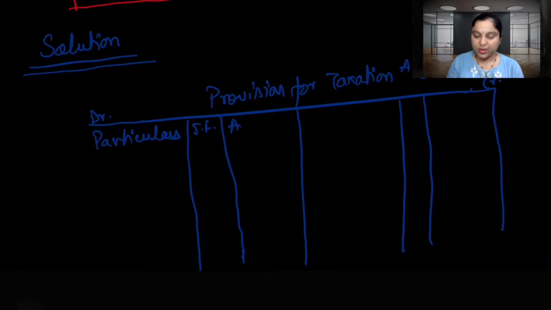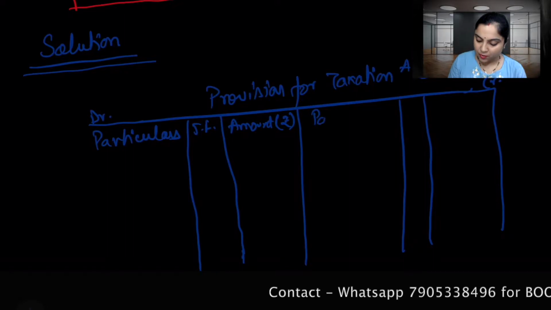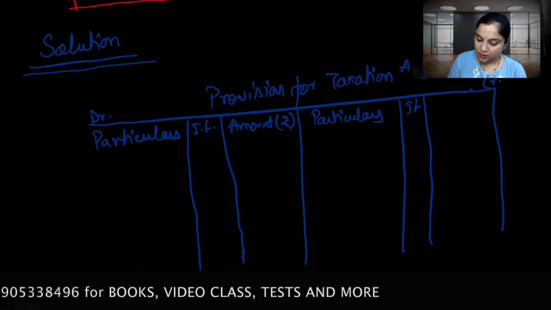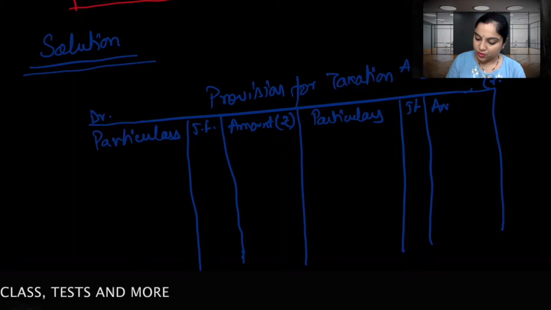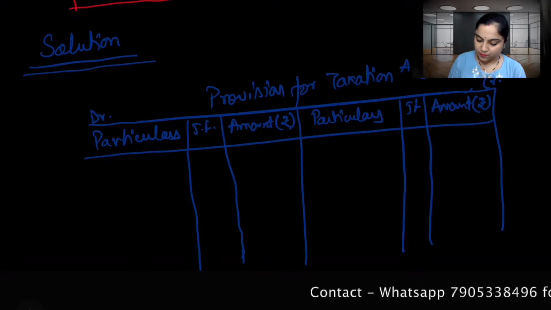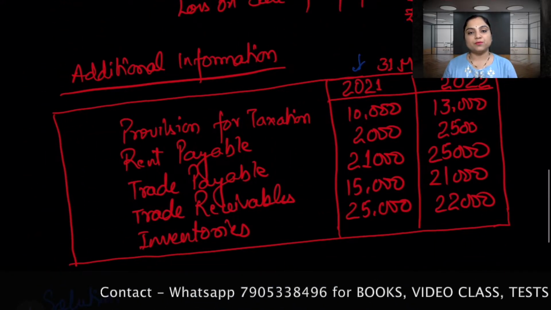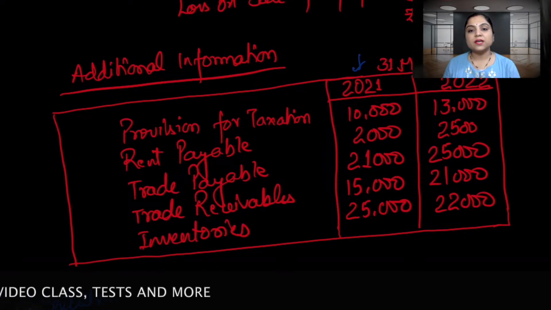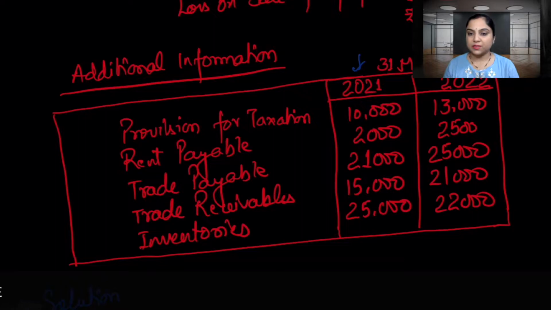Hope you remember we have a general folio here, amount in rupees. Then we have a particular general folio, amount in rupees. So we have a provision for taxation, and what we have is 10,000 and 13,000. So what is the balance brought down?